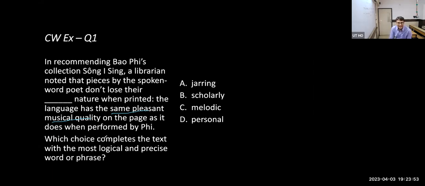Now it says it has the same pleasant musical quality. So it is not reinforcing; rather, if I use jarring, it is contradicting. And as with personal, so with scholarly. Melodic makes a lot of sense because melodic means a pleasant musical piece. Right? So the answer is melodic.